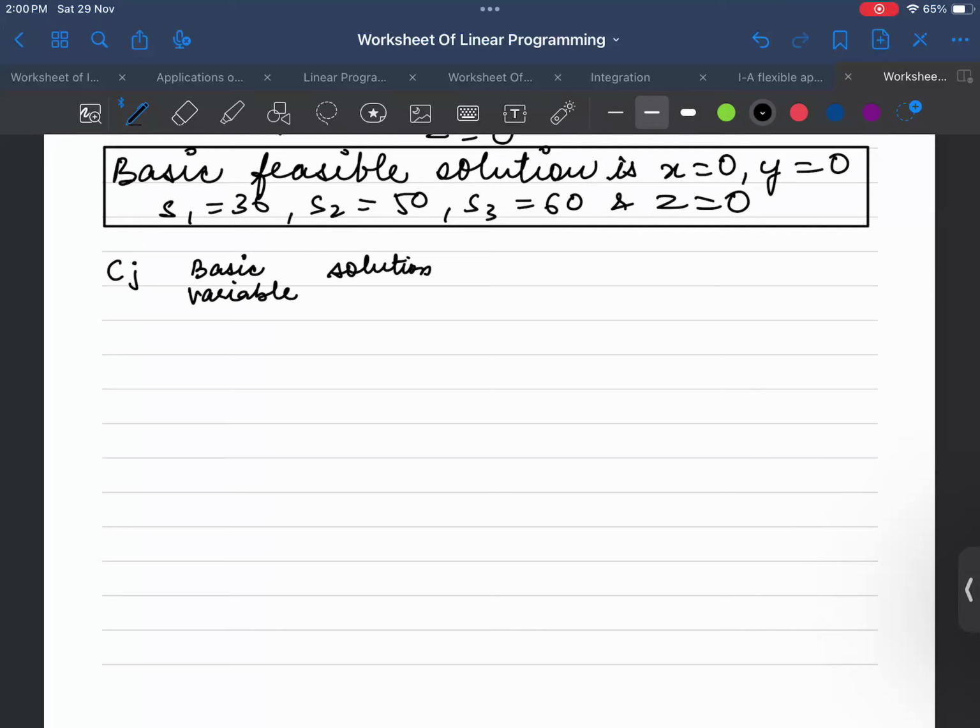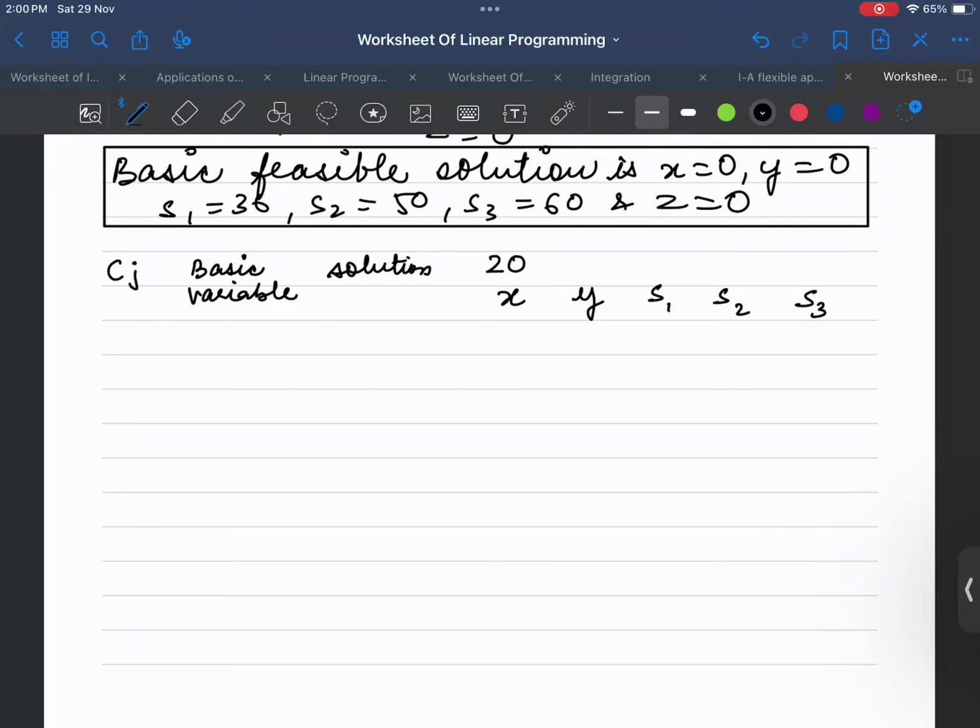And then we write all the variables we have, the decision variables or structure variables: x, y, s1, s2, and s3, these five are my variables. And over here we write their coefficients.